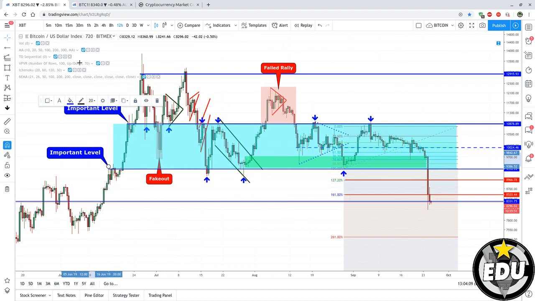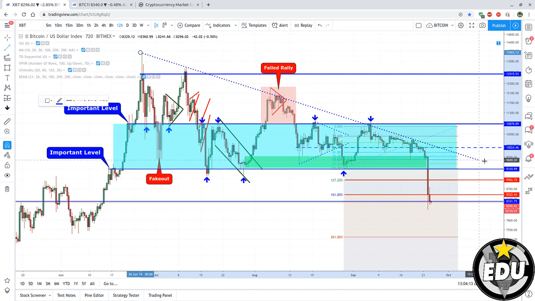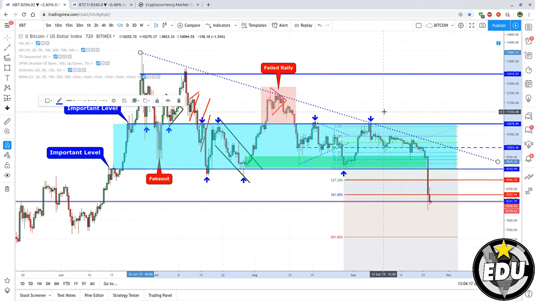a flat bottom triangle, also a descending triangle, if I trace my diagonal, but I don't trust diagonals as much as before.